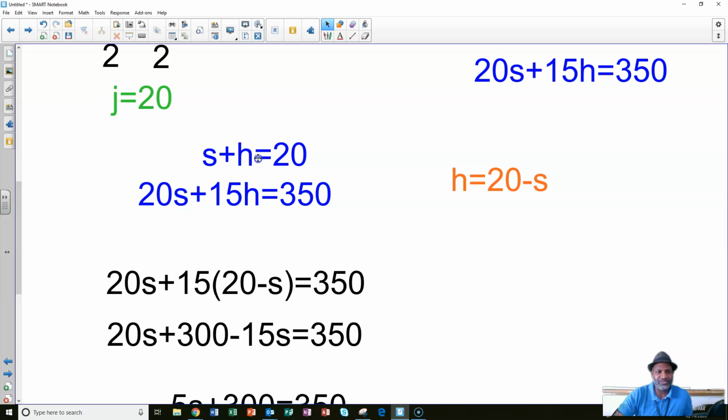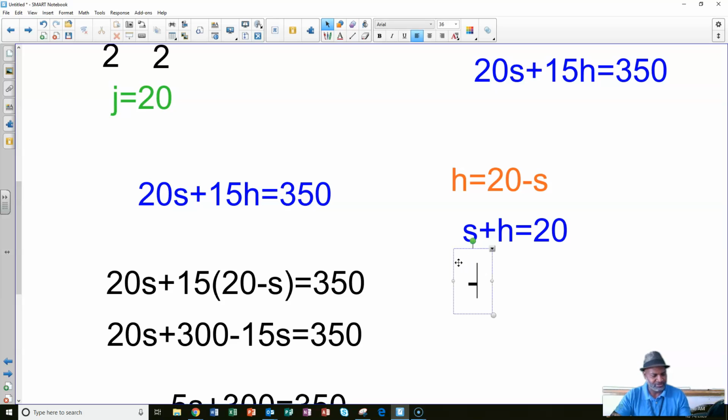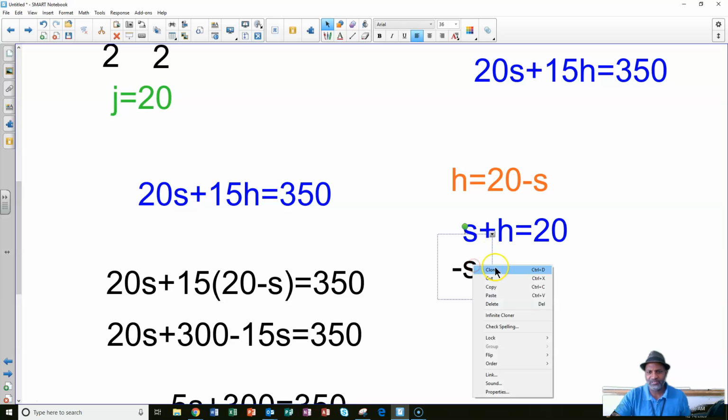Now what I can do with this one is subtract S from both sides. I can subtract S because I want to set up a substitution here.